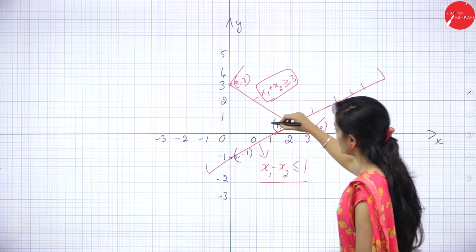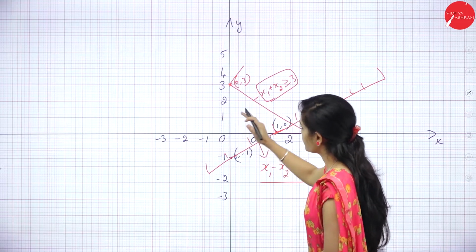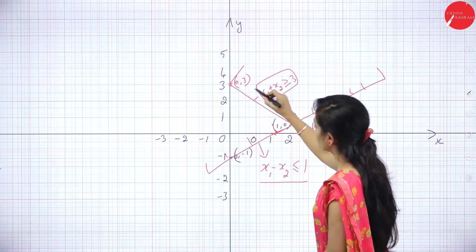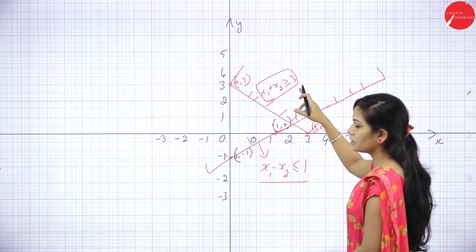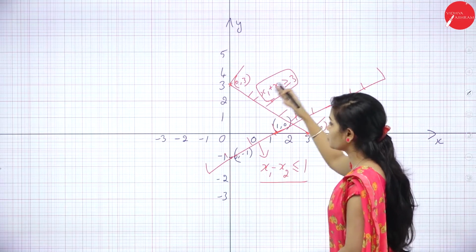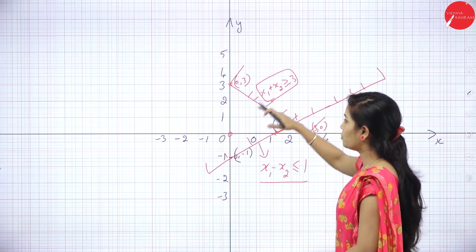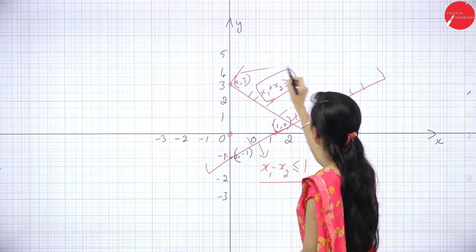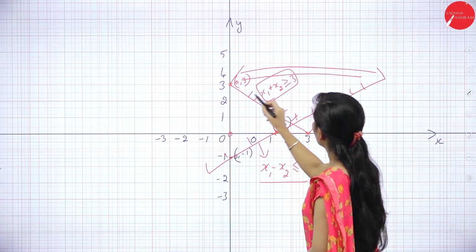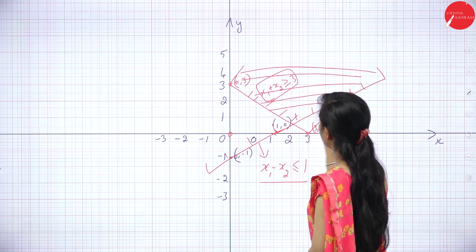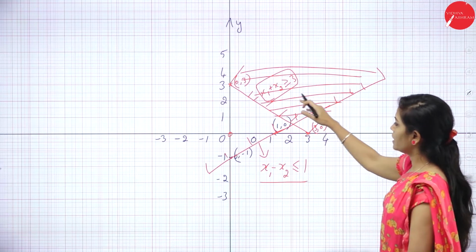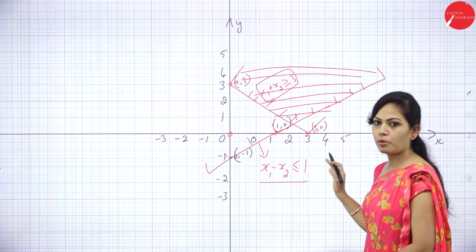Below the constraint means this part, and above is the greater than or equal to 3 part, which is opposite to this region. So this will be the feasible region for this problem.